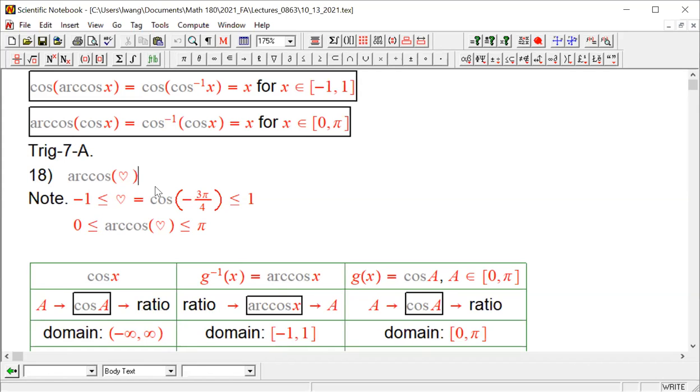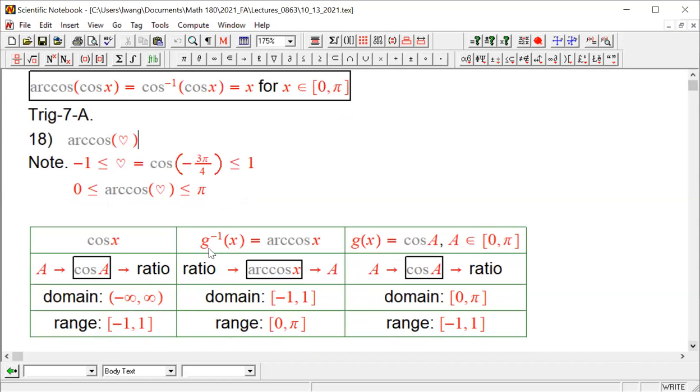So before I see your details, I already expect the answer between 0 and pi. How do I know that? Because I know domain and range of all of these. And this cosine, ArcCosine refers to this one. This is not in the expression, because there's no specification, there's not even a variable there.